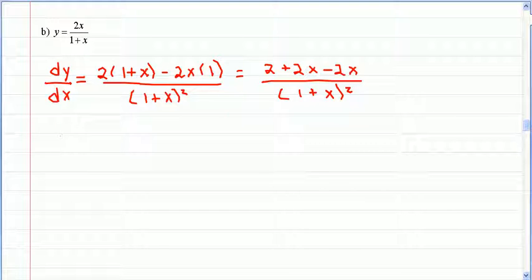And instead of writing dy dx equals, I just write dy equals 2 over 1 plus x squared, and I just include the dx on the right side.